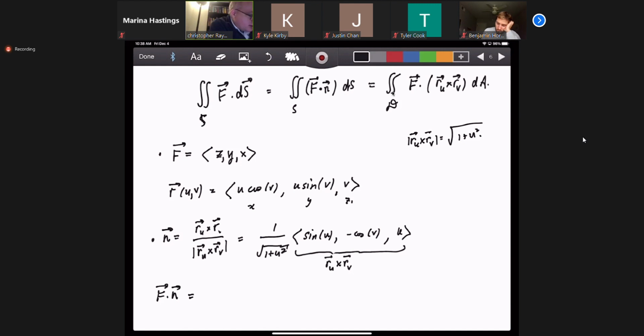So we're going to have 1 over the square root of 1 plus u squared. First component is going to be z times sine u. So that would be v times sine of u. And then the second component, we're going to have y times minus cosine v. Oh, sorry, this was a v, not a u.